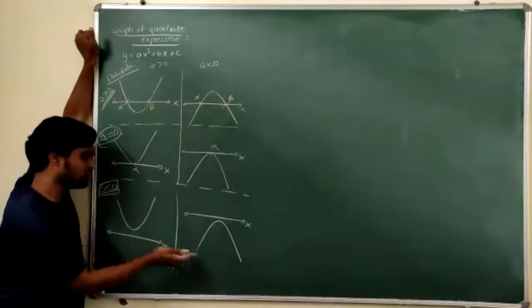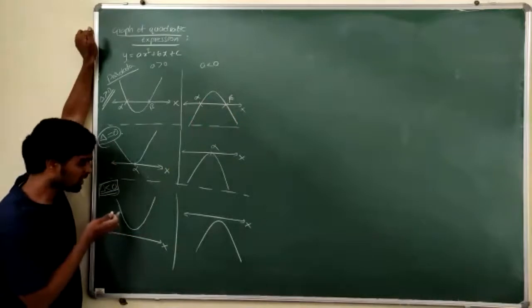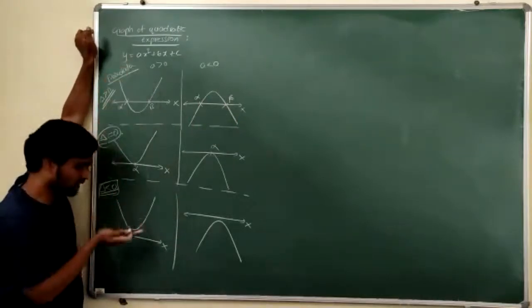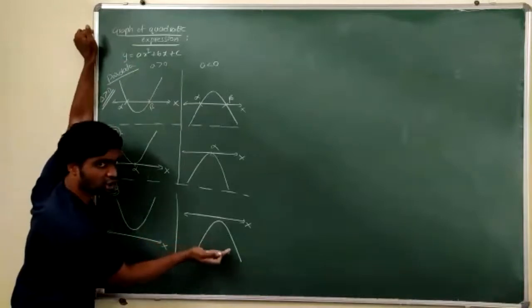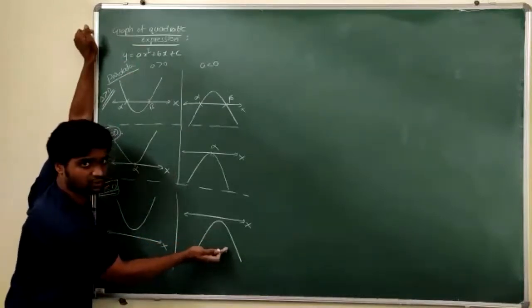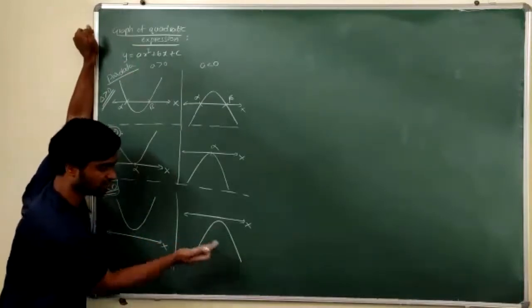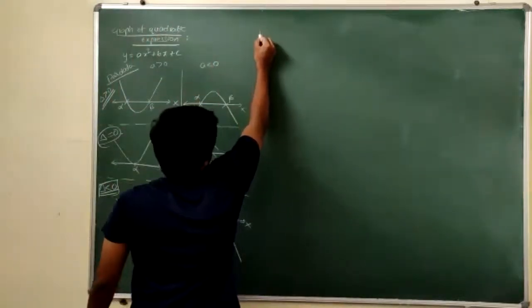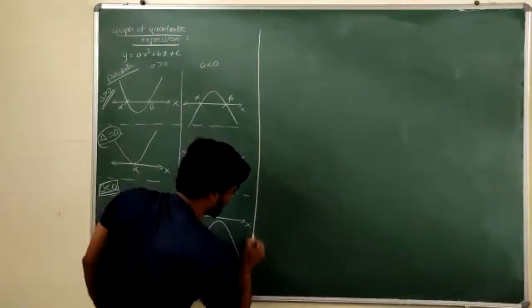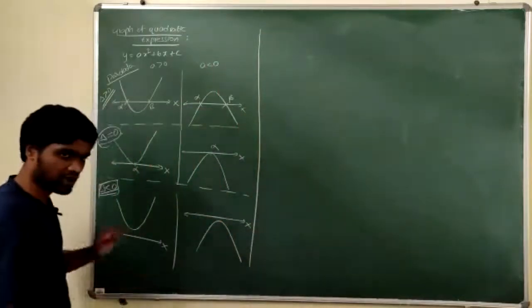But whereas coming to these two graphs, value of y is always positive. Here value of y is always negative. So from these two, I'll note down a simple observation from these two graphs.